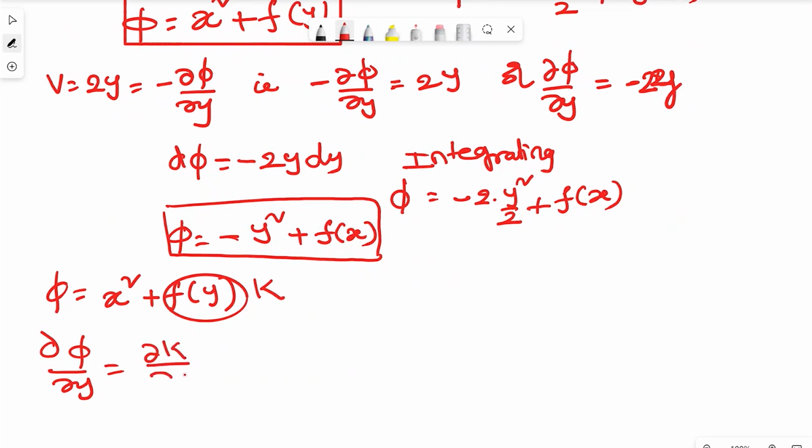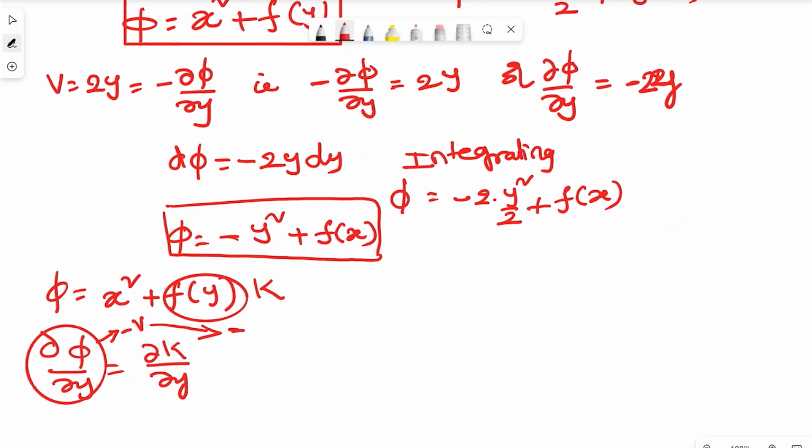And dou phi by dou y is nothing but minus v, and minus v is already known: minus 2y.